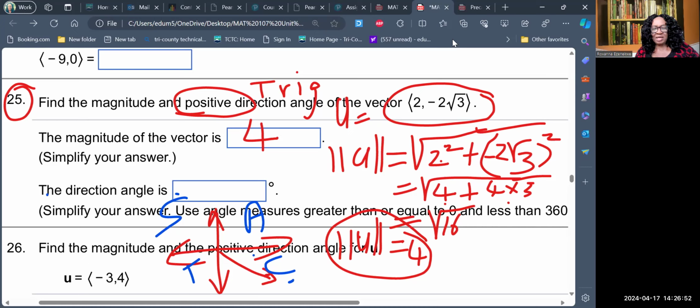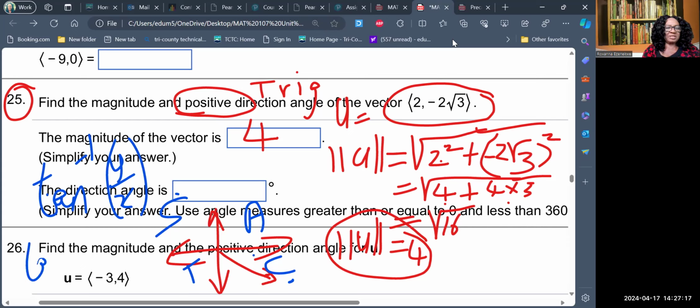And I'm looking for the direction. And direction, I can find it by finding the tangent of y component over x component. That is the tan inverse of y component divided by x component, which is the same as tan inverse of -2√3 all over 2.